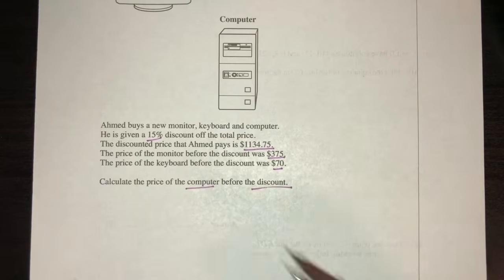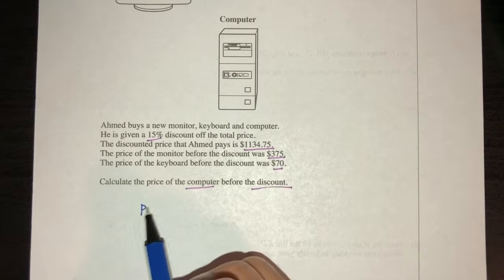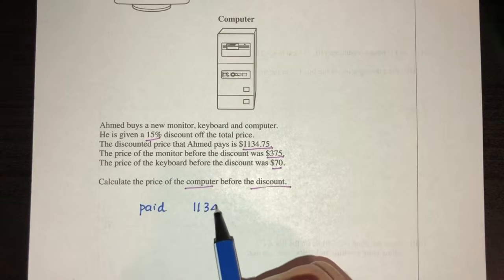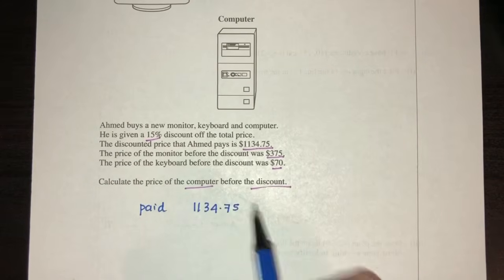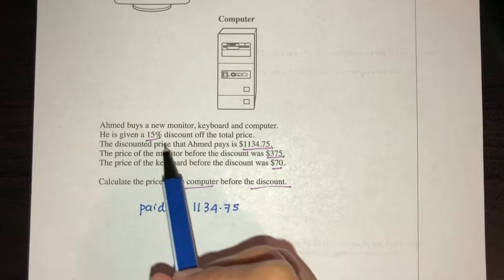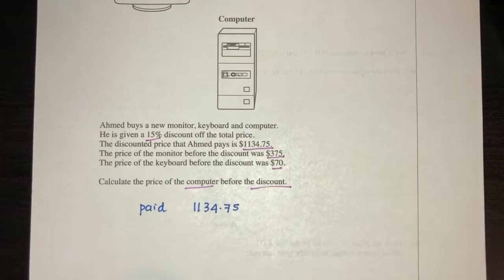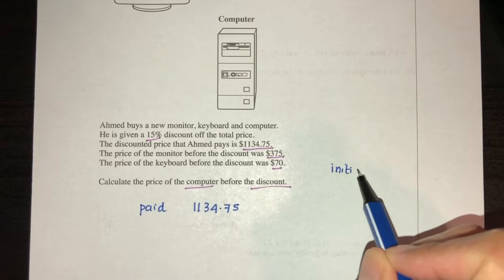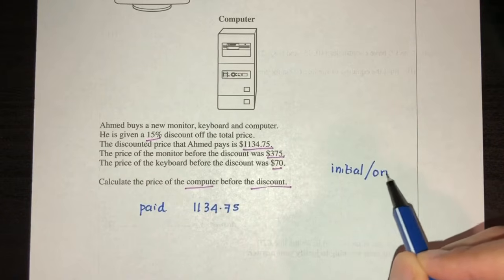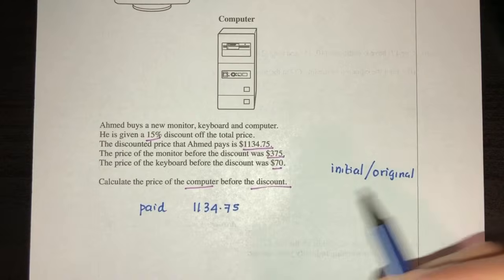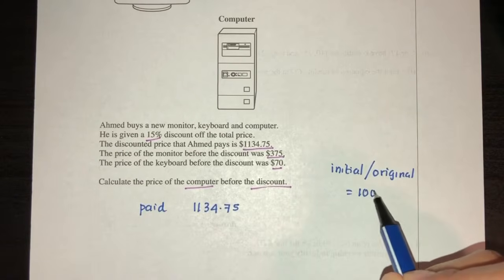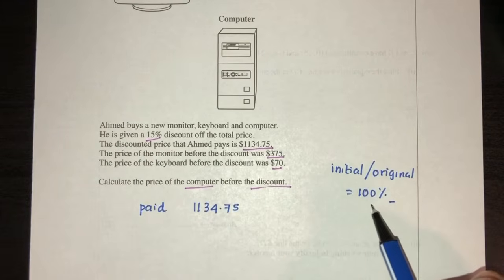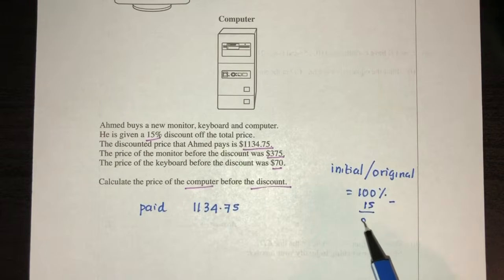So basically Ahmed paid 1134.75, but this price was after a discount of 15%. Usually the original price is at 100%. Now if you receive a discount of 15%, minus 15% will be 85%.